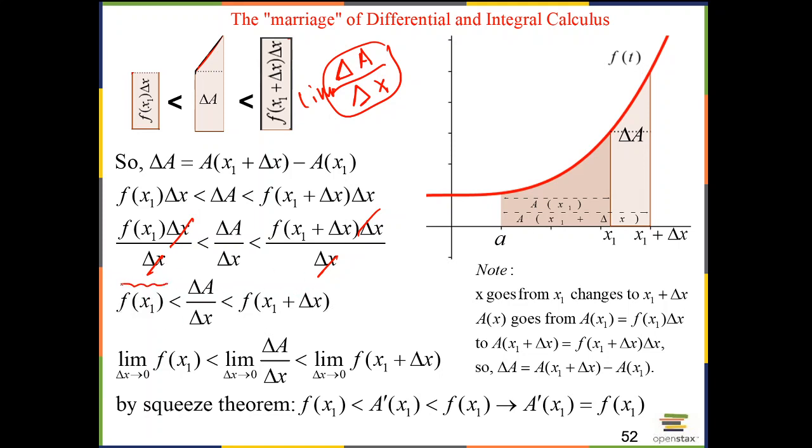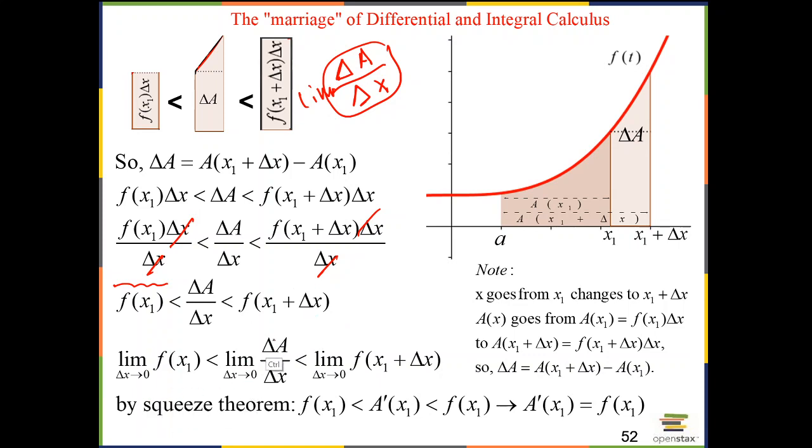Now, the limit of this as delta x goes to 0 would be just itself, right? The limit of this when delta x goes to 0 would be f of x1, right? The limit of this is exactly what we're looking for, the derivative we're looking for. So it looks like the derivative is in the middle of two limits, which is the squeeze theorem.